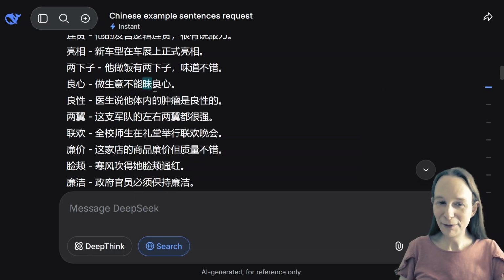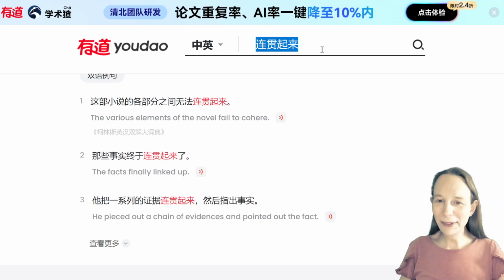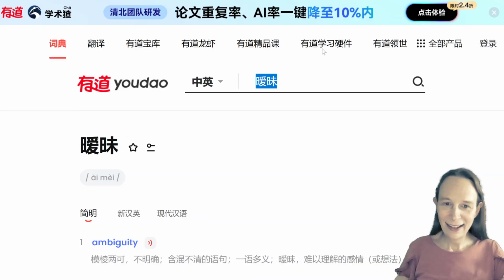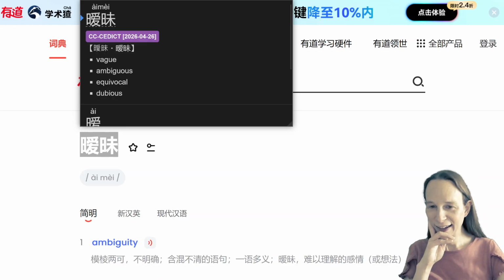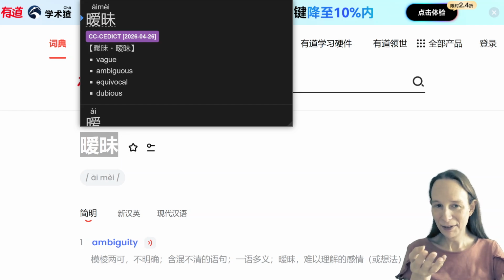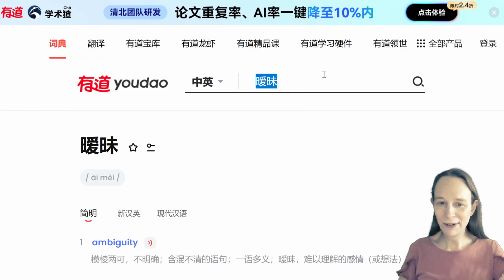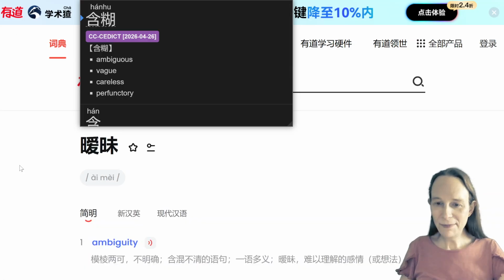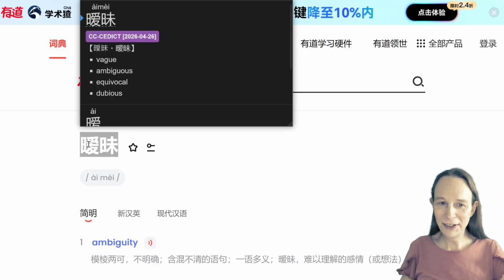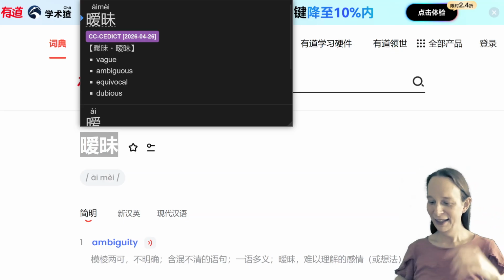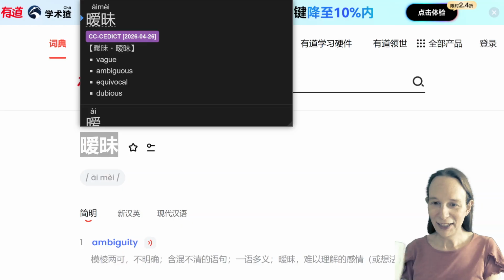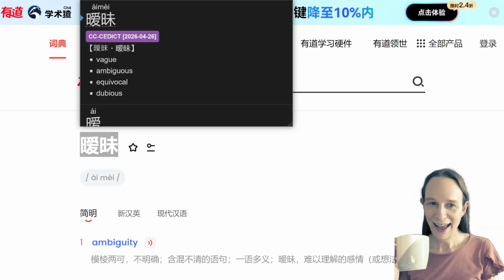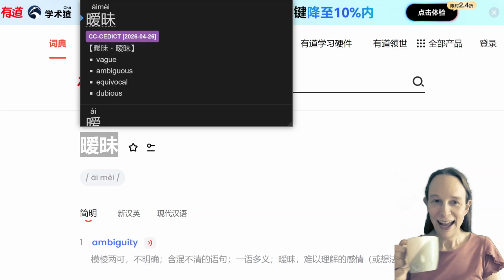So 昧 is a pretty rare character, normally seen in the word 暧昧. 暧昧 vague. Nowadays, it means ambiguous, or one of the words for ambiguous. Other ones are 含糊. That's probably the more common one. 暧昧, it's ambiguous, often used to describe relationships, such as you don't know if someone's actually a boyfriend or girlfriend. It's a bit ambiguous. 暧昧的关系.